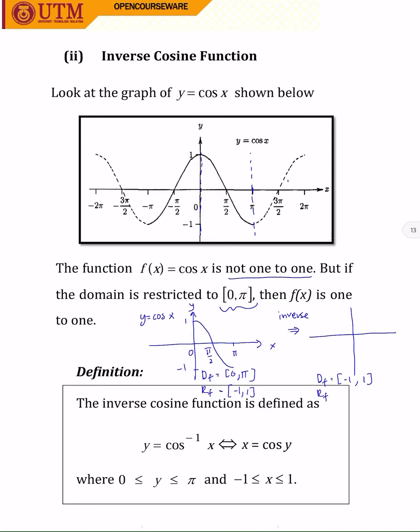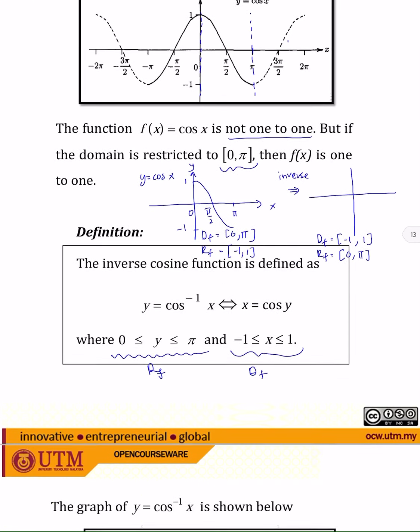So the range will be from 0 to pi. Okay, so y refers to the range, and here refers to the domain.